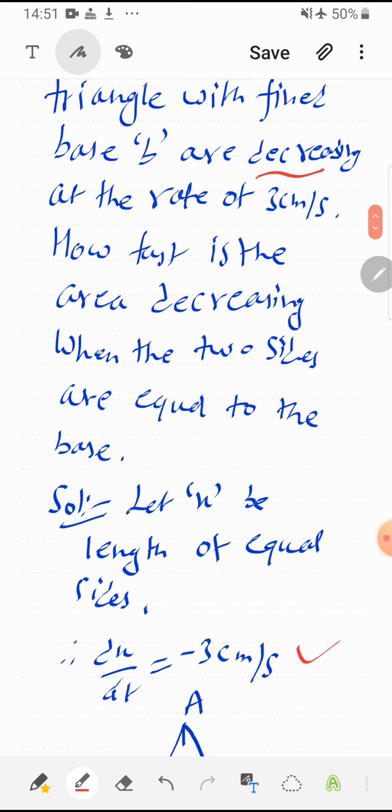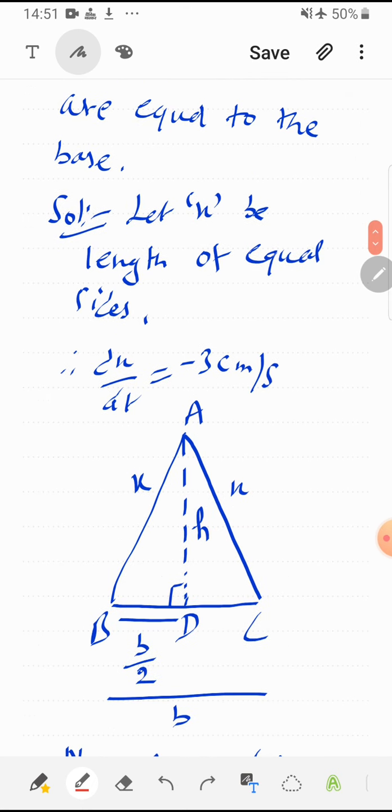So dx by dt is given as minus 3 centimeter per second because it is decreasing. Now let us draw a diagram to represent the situation, and by construction let us draw one perpendicular from the vertex containing the equal sides. Geometry says it is a median also, so it bisects the base, so BD is b by 2.